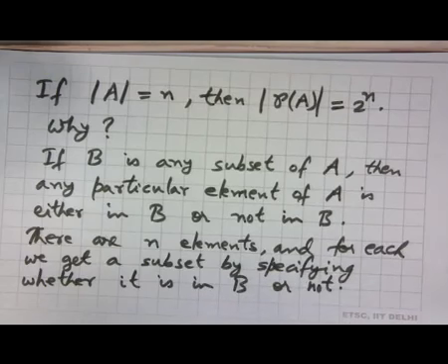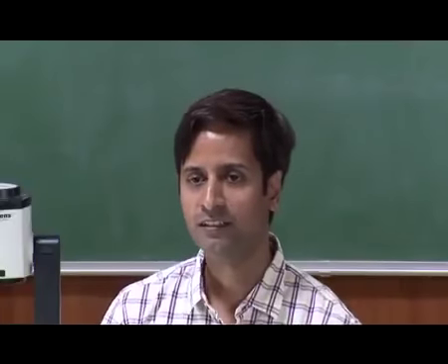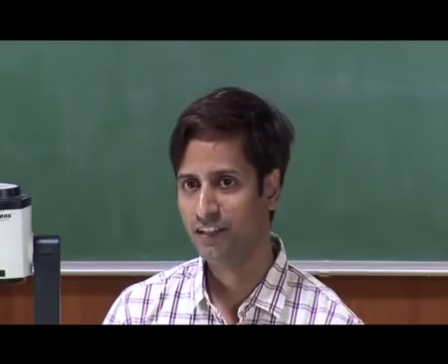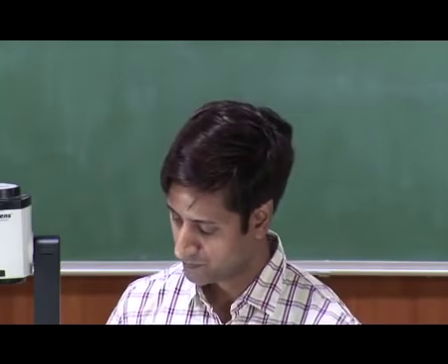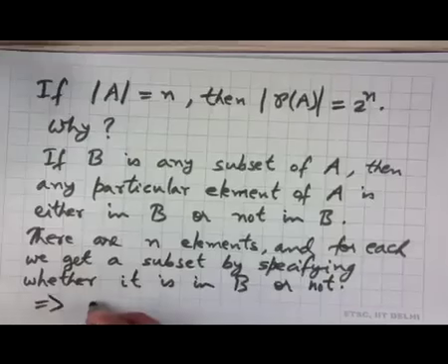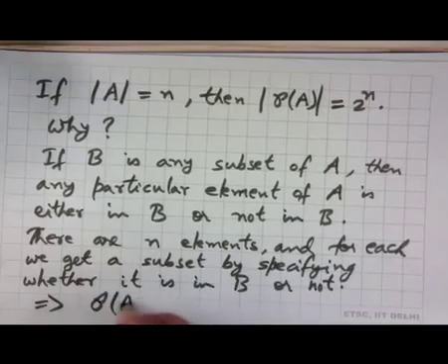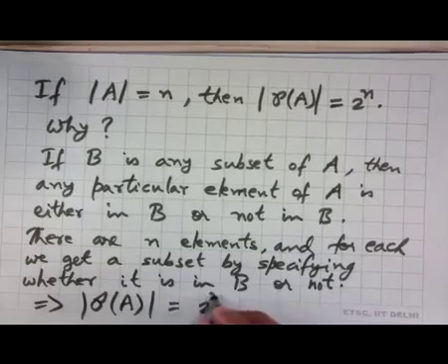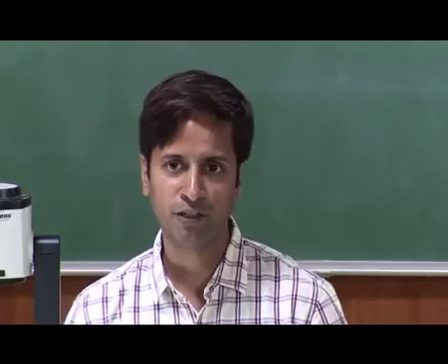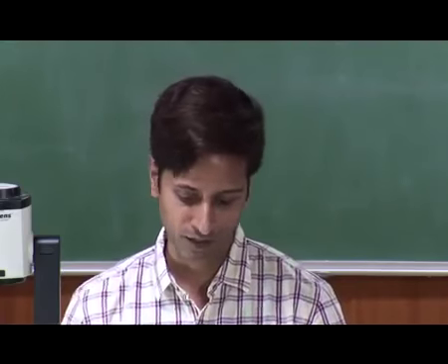So, therefore, we have two choices for each of the n elements, and hence the number of such subsets will be 2 to the n. So, this kind of counting you will also learn when you learn permutation and combination.